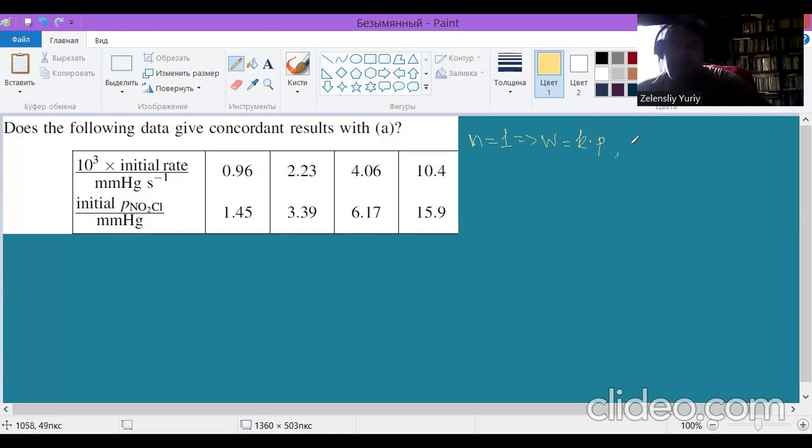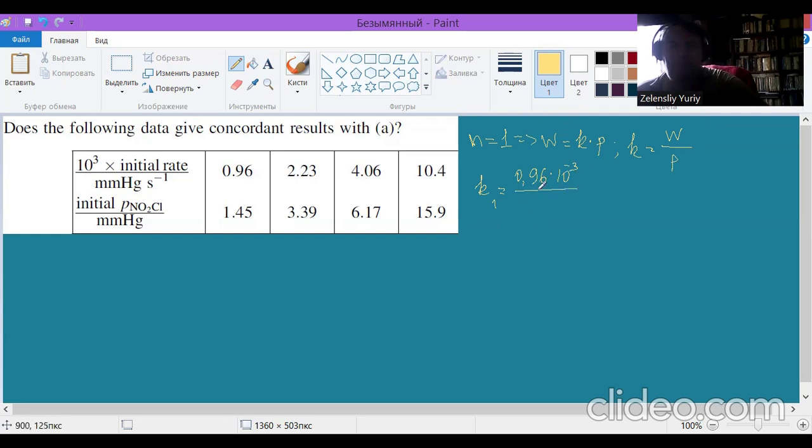For that reason, we can write that K is equal to W over P, right? For the first, we can write that K is equal to the initial, so 0.96 times 10. This factor is 1,000. For that reason, we should divide 0.96 by 1,000. Okay.